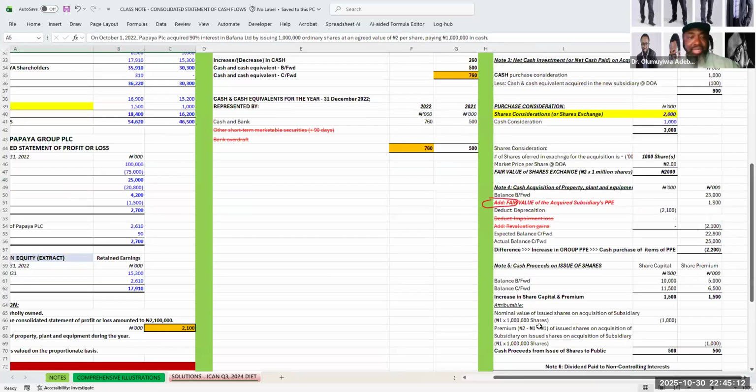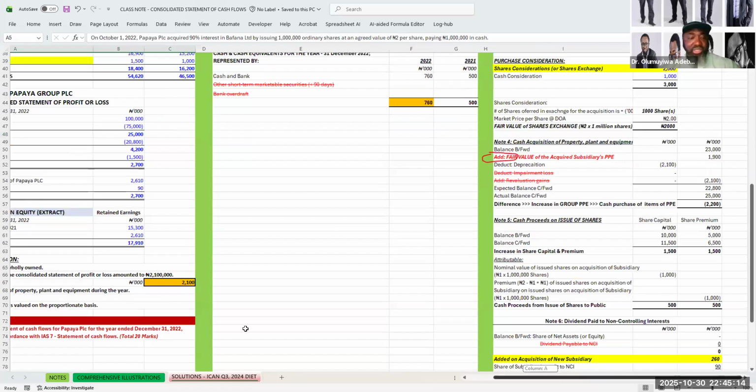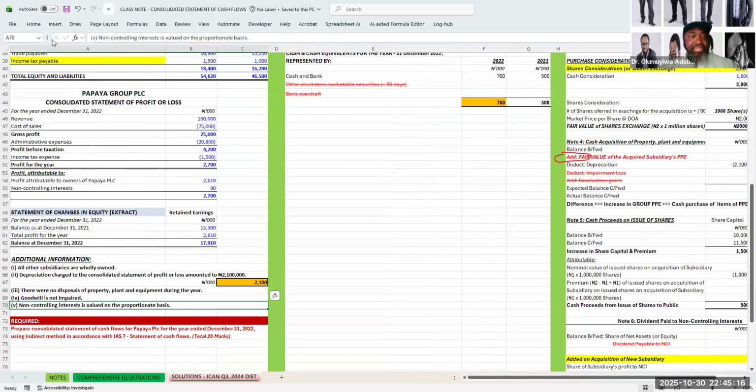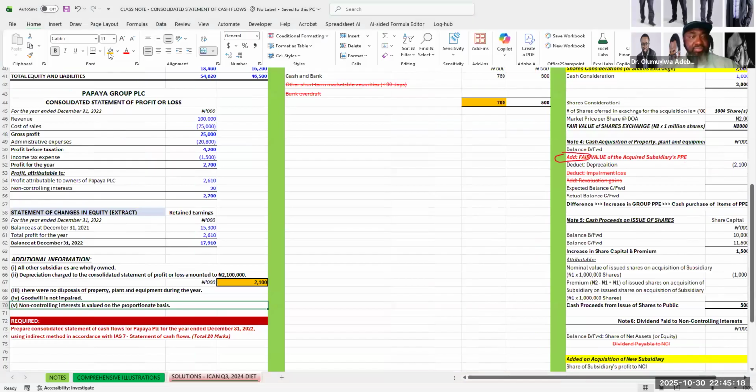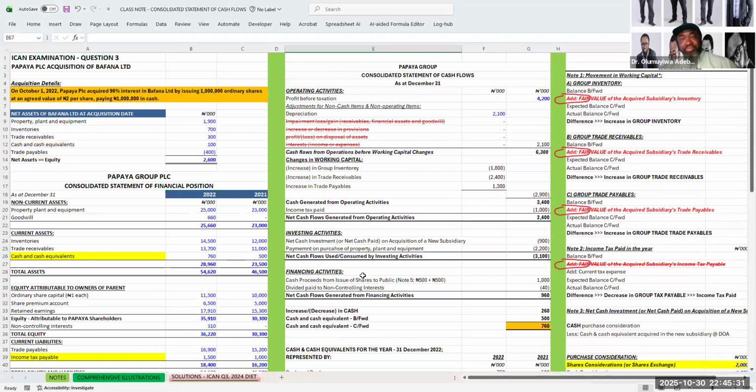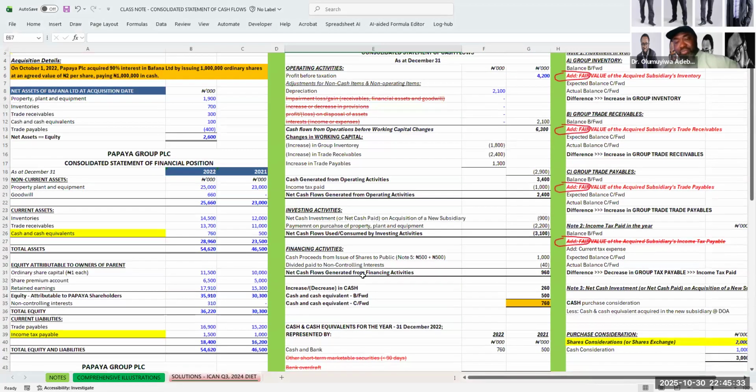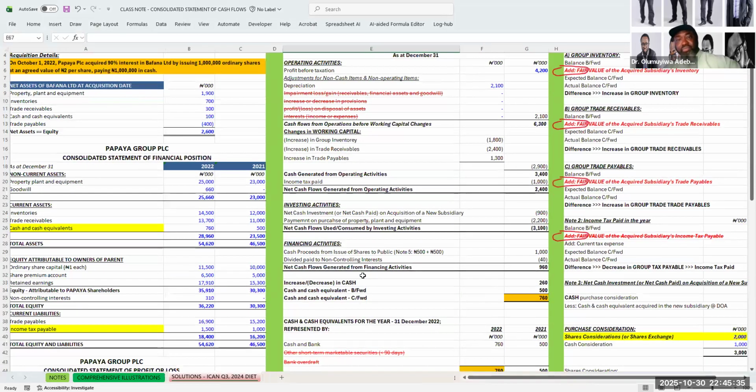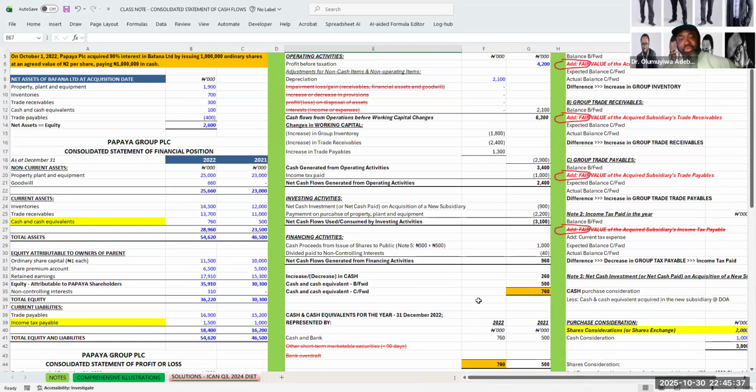Okay, and remember, from the additional information, we were told that NCI, which is put in yellow, is valued on the proportionate basis. And that is that.